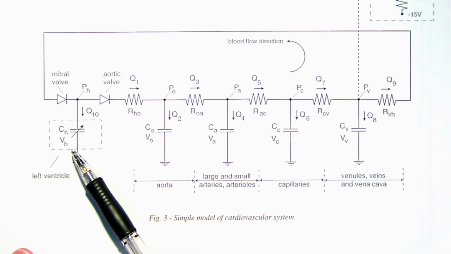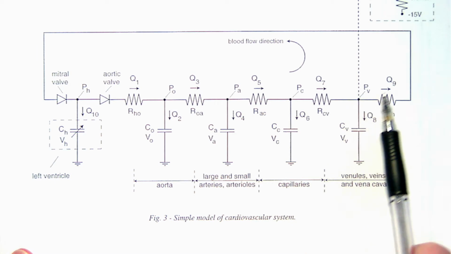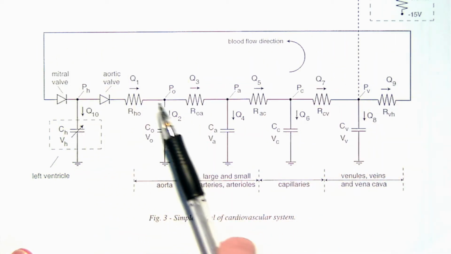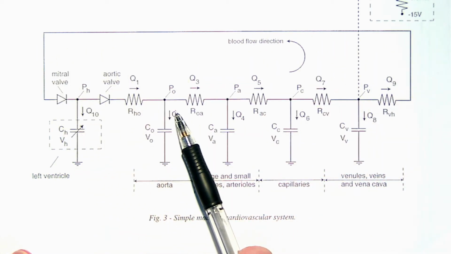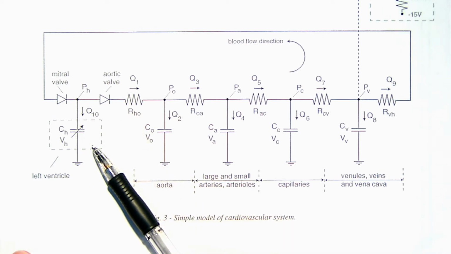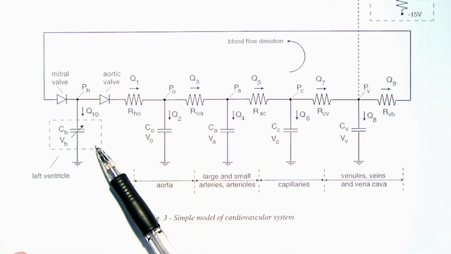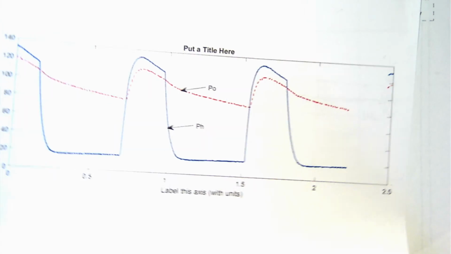Well, here's the left ventricular module as it fits together with the entire circuit for the systemic cardiovascular system that we'll deal with in checkoff number 4. And a little history in the development of this left ventricular module. When I first put together this circuit, I thought it would be easy to represent the heart, the left ventricle, with a voltage source that went between a high voltage during systole and a low voltage during diastole.